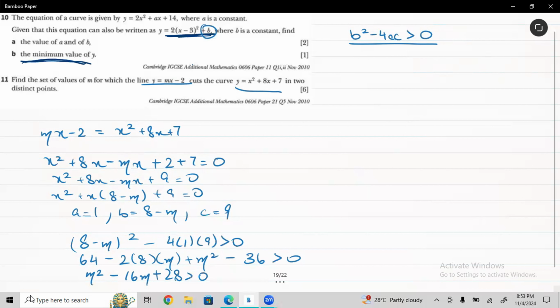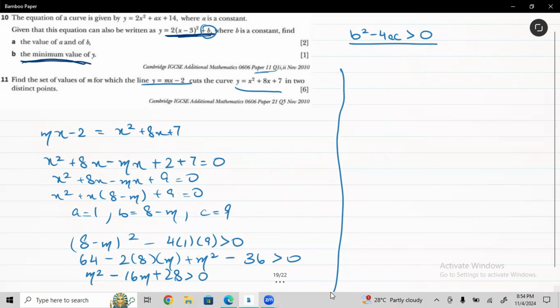Now I'm going to use my calculator, especially because this was part of paper 2-1, so we can use the calculator in this one. So what we are going to say is m squared minus 16m plus 28. I'm going to use my calculator to solve this quadratic equation.